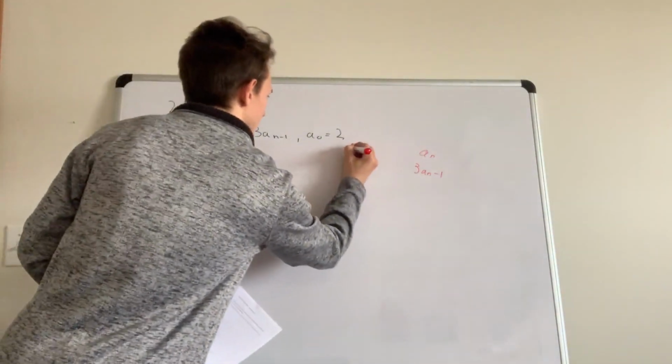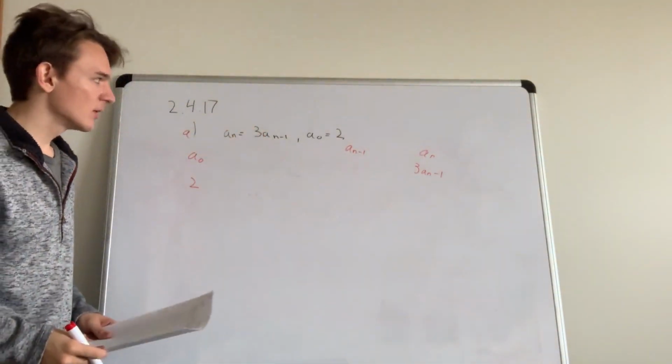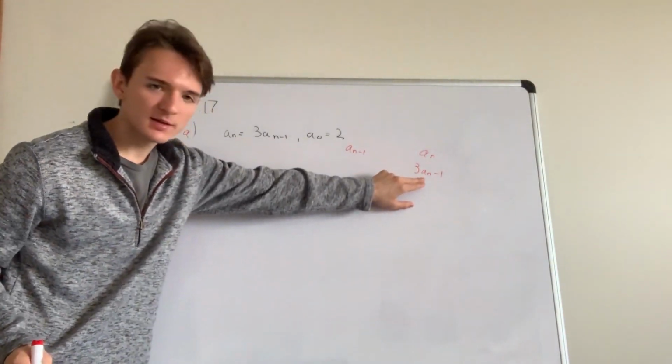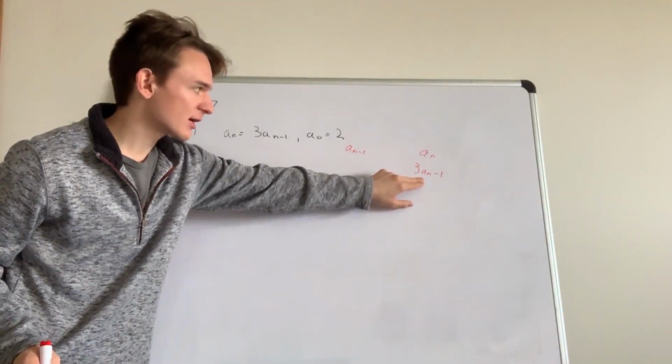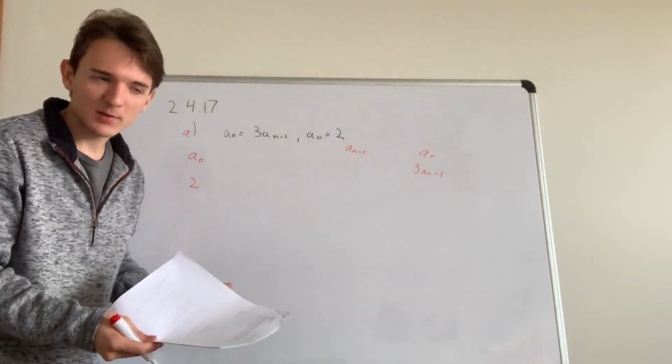So then what does A of n minus 1 look like? Well, all we need to do is we see that A of n is included in our formula for A of n, so let's plug A of n back into itself, right?